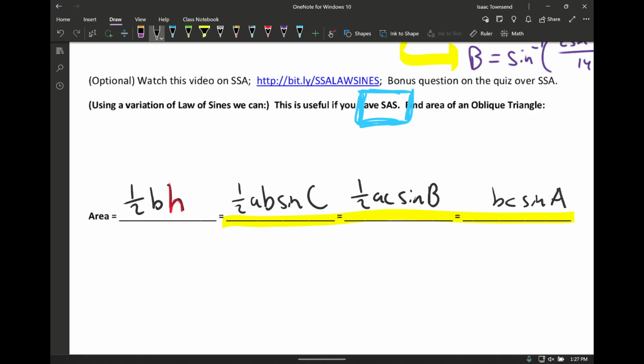BC sine of A is almost right, but don't forget the 1/2. I also forgot the 1/2 first period in one question, so that 1/2 is easy to overlook.